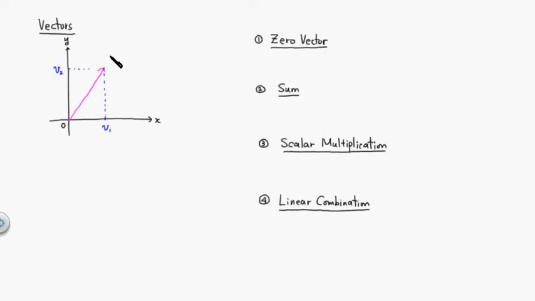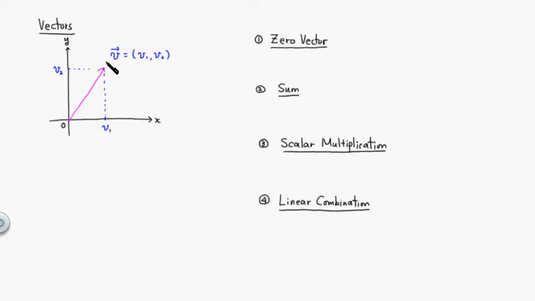So this vector v can be written as v1 comma v2, just like a point, which is the same thing as the point of the arrowhead if the arrow starts from the origin. So this arrow can be represented by v1 comma v2, and this is called vector v.